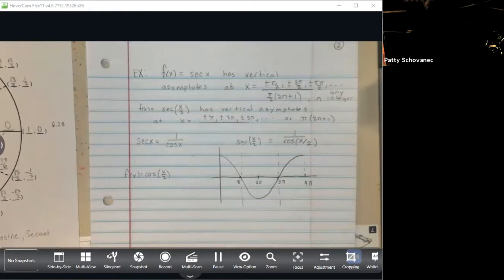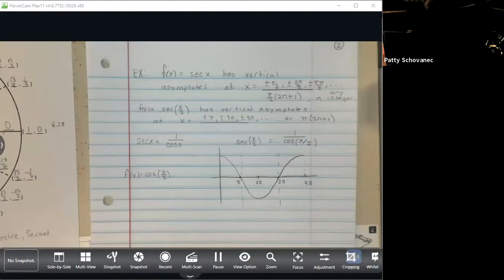So instead of memorizing, you can kind of rationalize where these asymptotes are going to occur. If any of what I did made sense, otherwise just memorize. If a number makes a period longer by a factor of 2, then it's going to move the asymptotes away by a factor of 2.